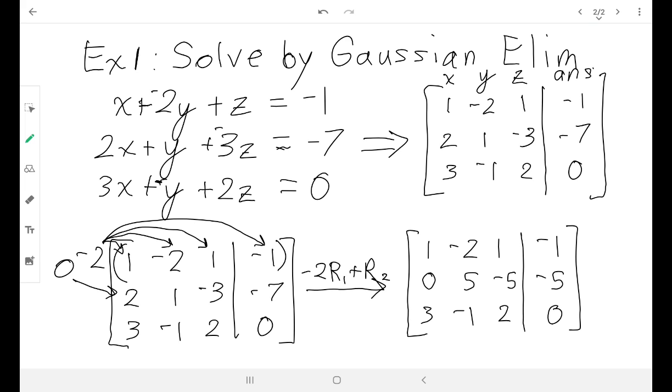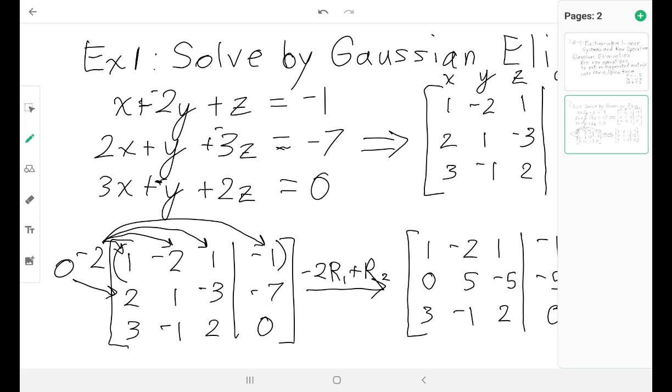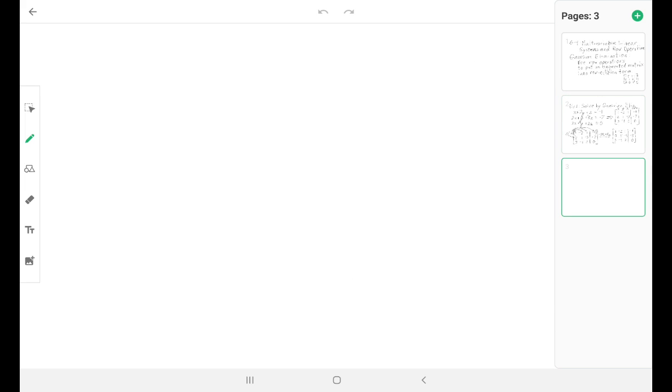I'm going to start a new board here, and I'm going to recopy what I've done so far. So now I've got this new matrix. It was still 1, negative 2, 1, and negative 1.